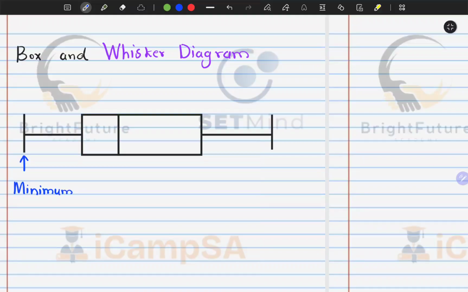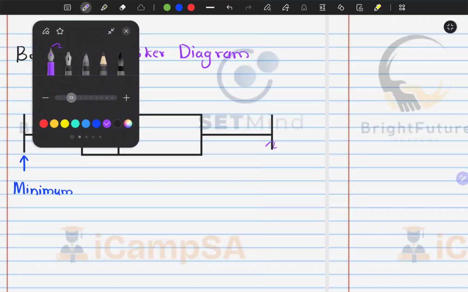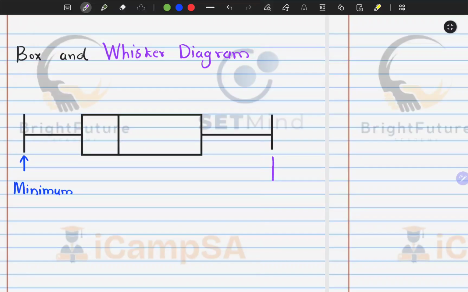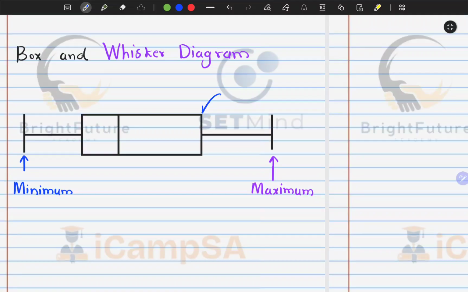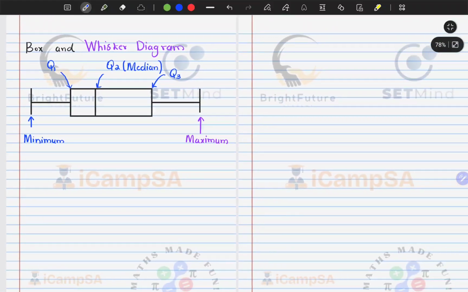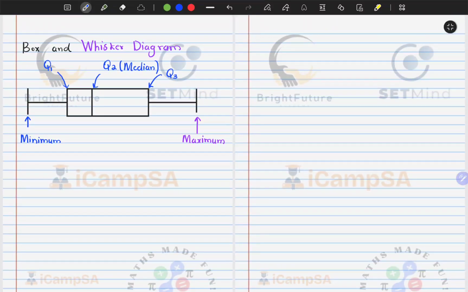Whenever they say draw the box and whisker diagram, you put in the minimum value of the data. Here we put in our maximum. At this point we are sitting at our Q3, while at this point we're sitting at our Q1. And here we're sitting at our Q2, which you also know as the median. So this is what is going on in this box.